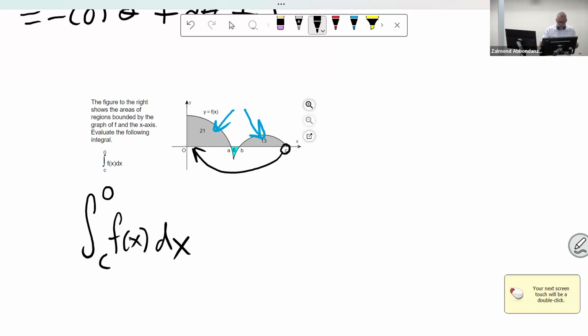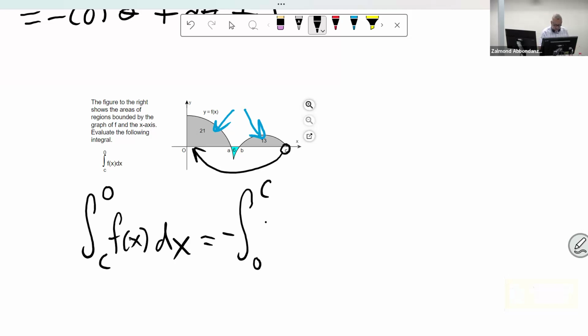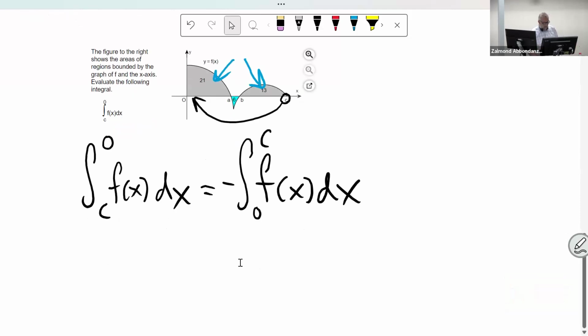I would rather go from 0 to c. And we have a property of integrals that says that if we just reverse the bounds of integration, that's equal to the negative of the same integral. Okay, so that's the first thing I would do, just so I don't get confused with signs. And it does make a difference that they're telling you to go from c to 0, because that's going to give you a negative of that.